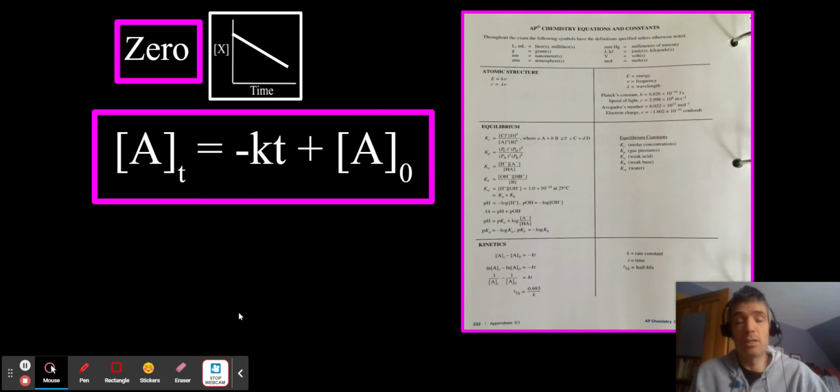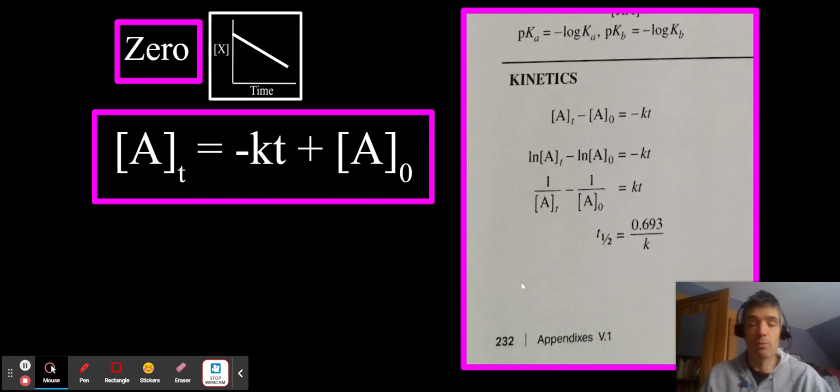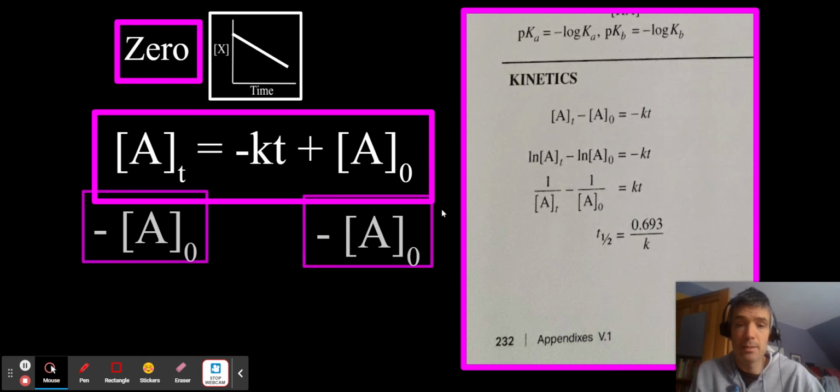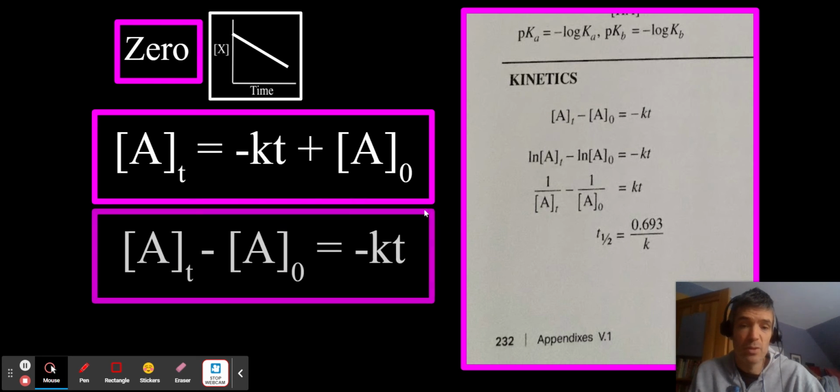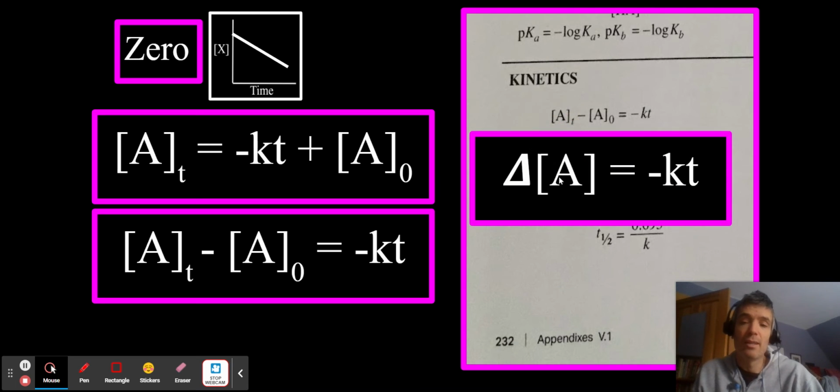One last thing I want to talk about is how they're written on the reference sheet for the AP exam. Here you'll notice that they've brought their y-intercept value over. I believe they're doing this because it's like a change.